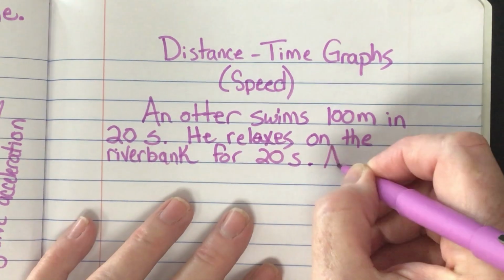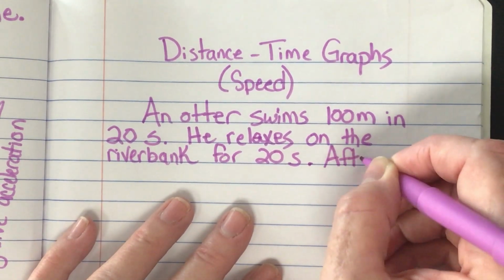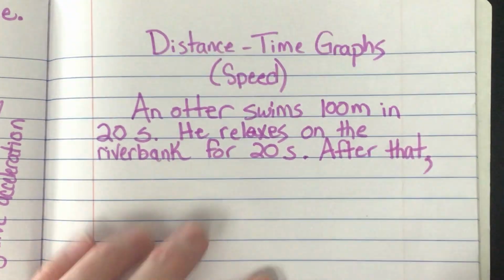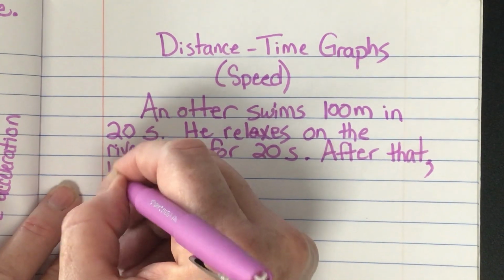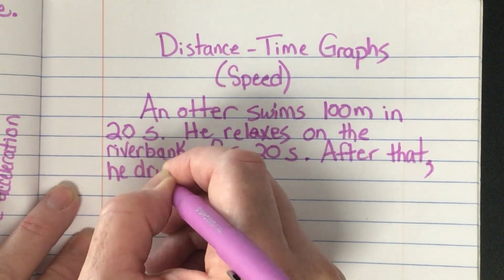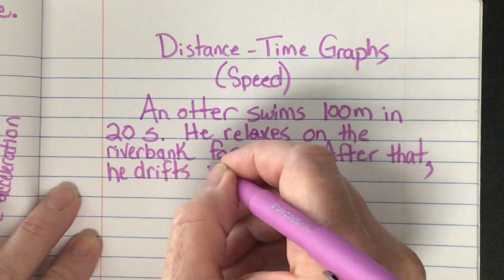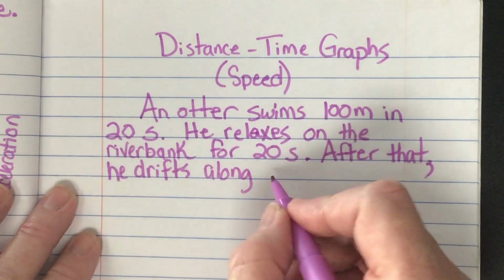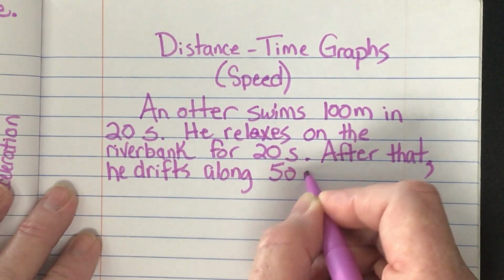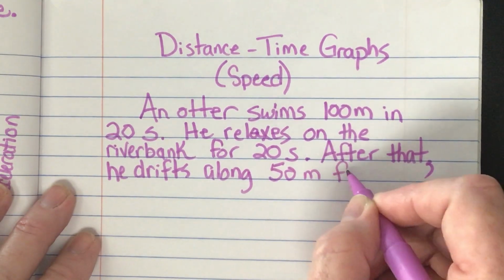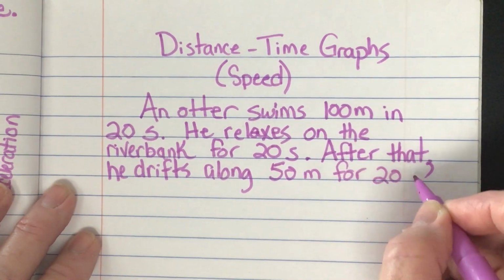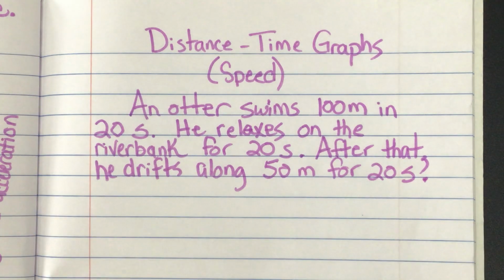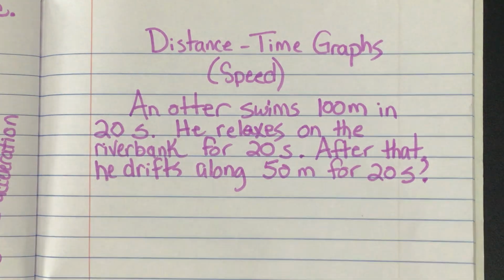After that, he drifts along 50 meters for 20 seconds. Period. And then we will make a graph of this otter's actions.